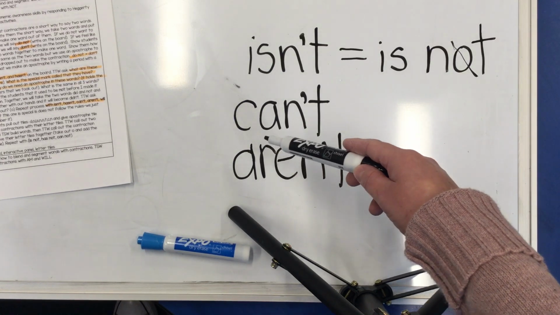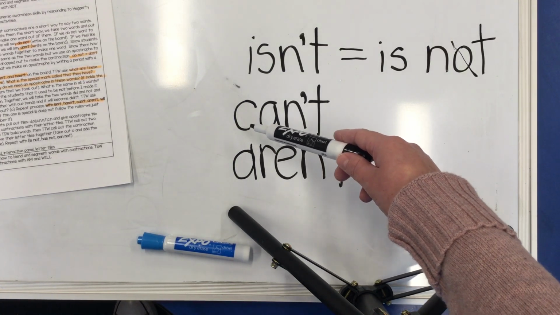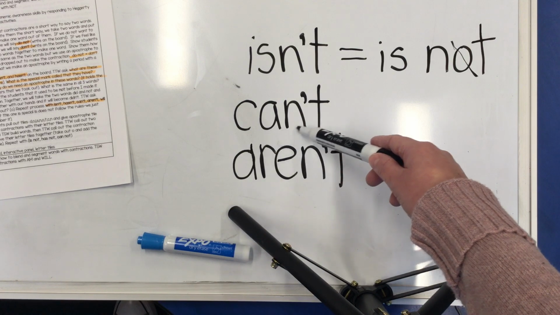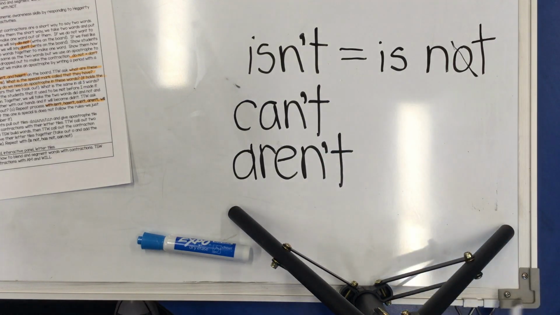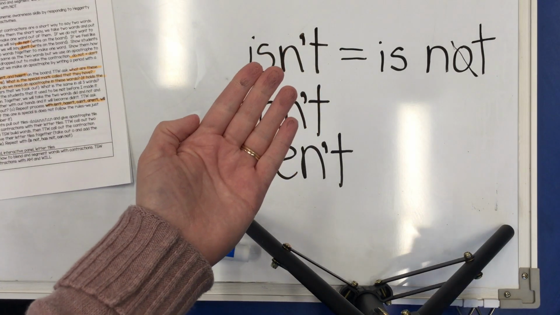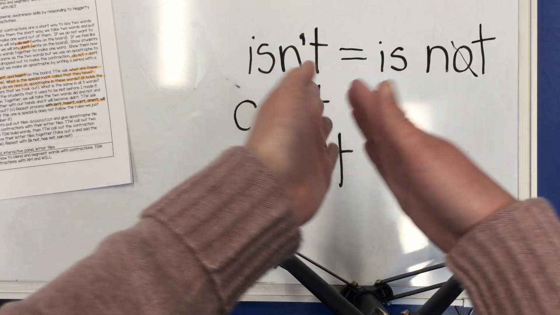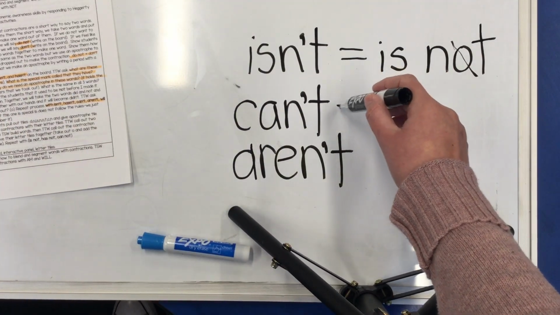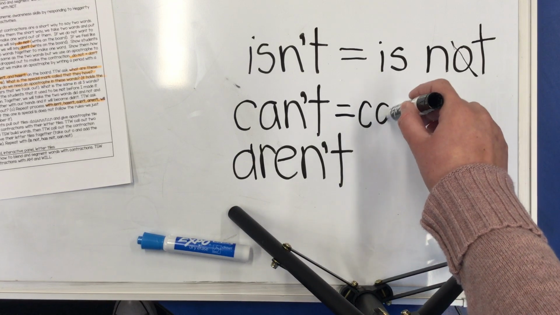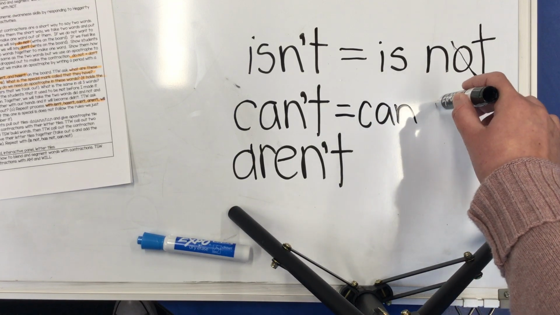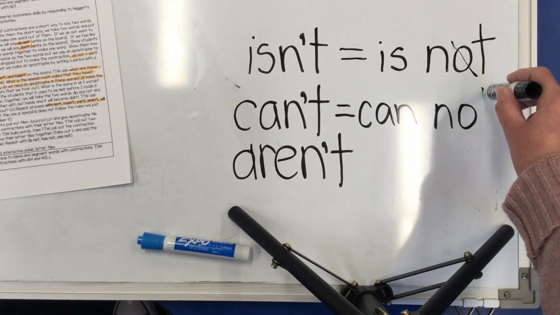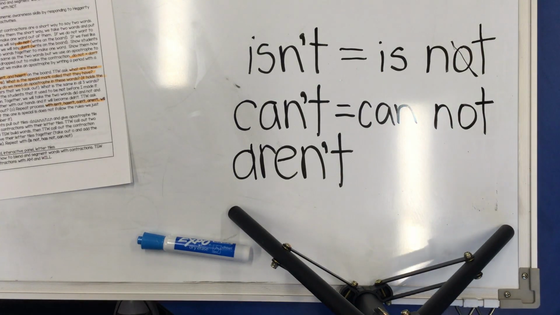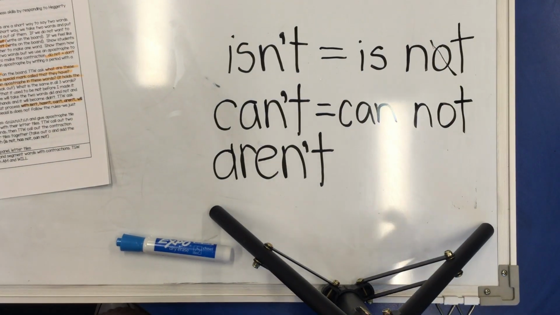Okay, let's look at this word. This word is can't. Can't. So what two words do you think would make can't? Can, not, can't. Okay, so let's write that out. Can't is the same as can, not. Now this one's a little bit different than what we've been looking at.